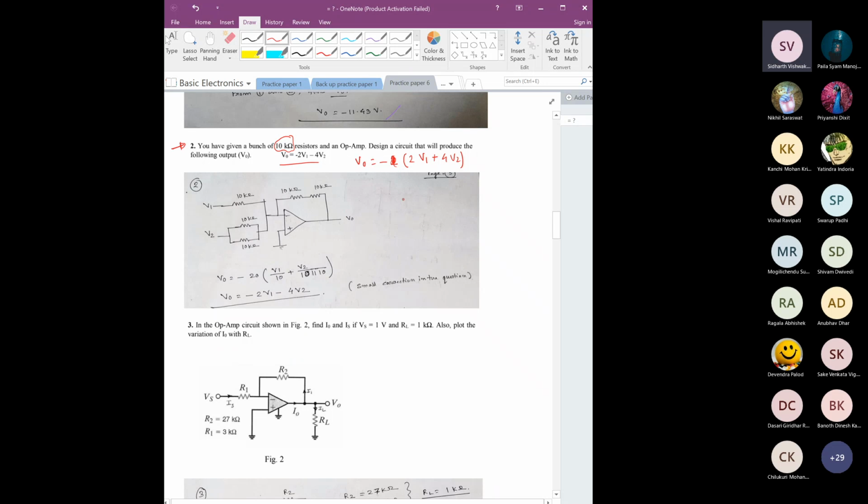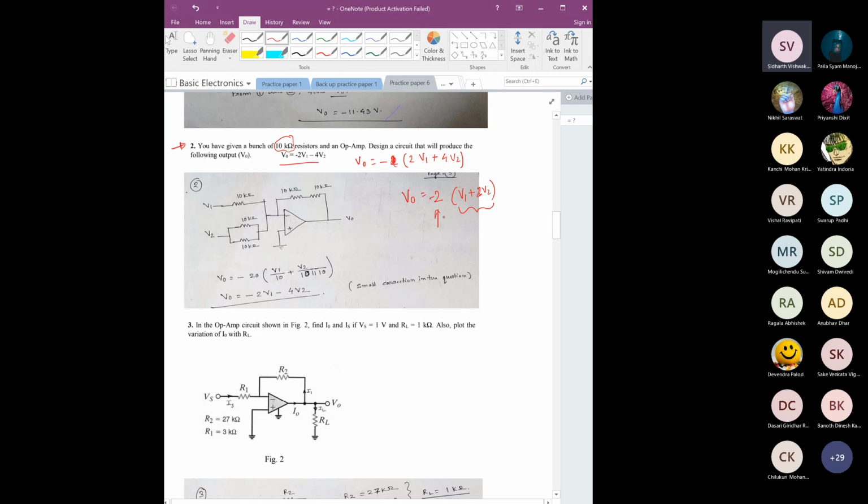And further, we can also consider it like this: it is minus 2V1 plus 2V2. If we get this part in some way, then the overall gain has to be 2, the loop gain has to be 2 for that inverting amplifier. So that is a basic guess from here. So let us see that.